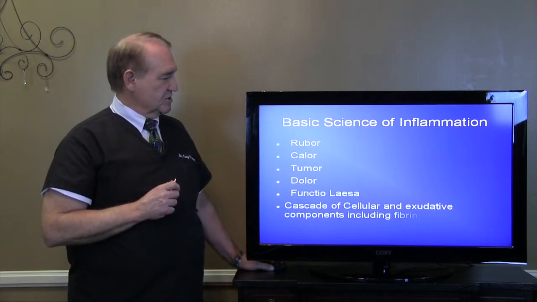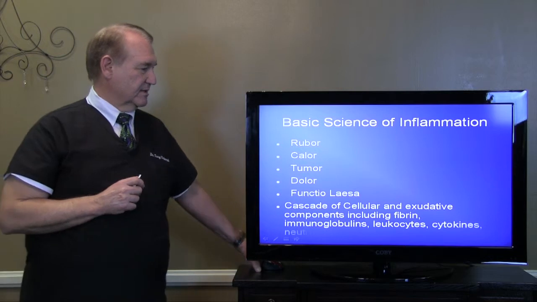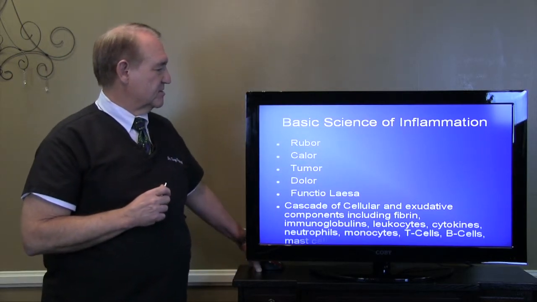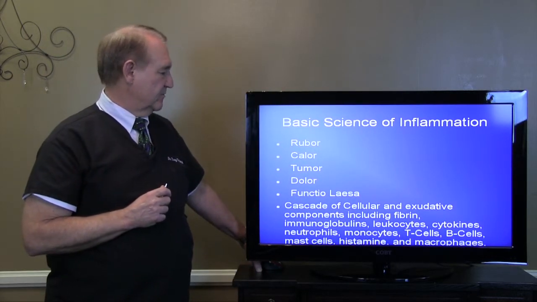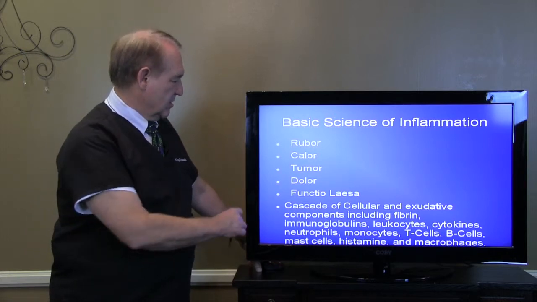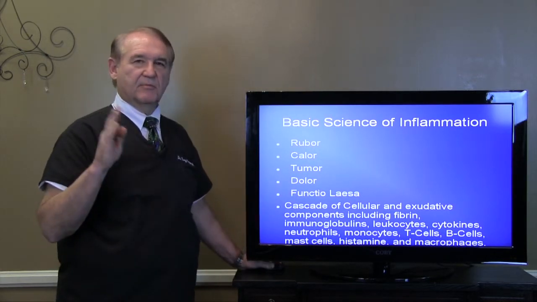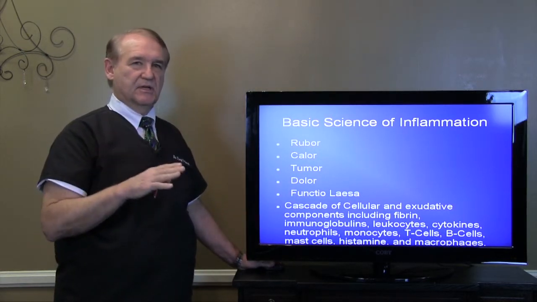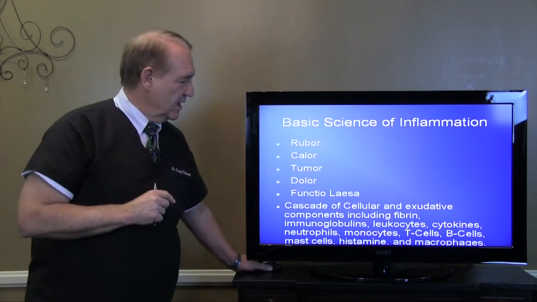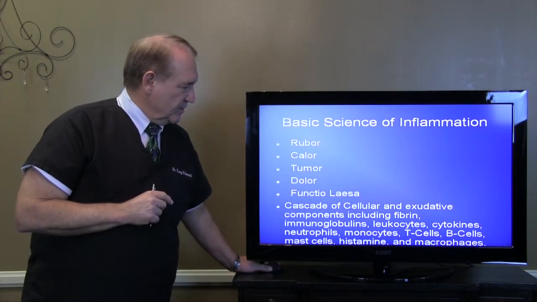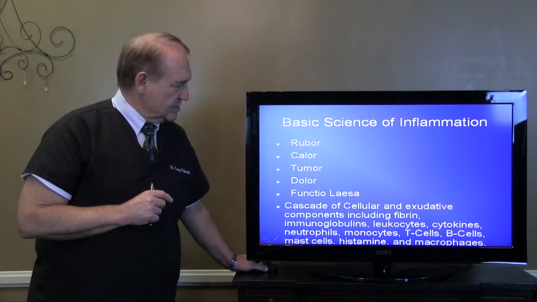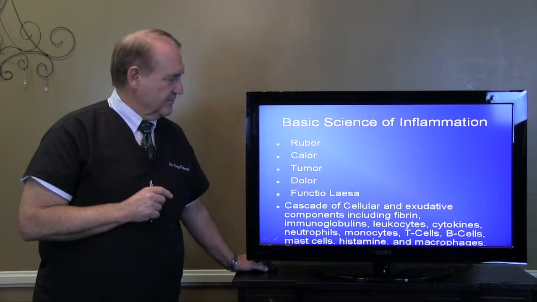But what it really is more scientifically, and we're not going to spend a lot of time looking at big words here, is a cascade of cellular and exudative components, which is like a bunch of dominoes. Each domino hits the next, hits the next. And it ends up with one of these guys called a macrophage.